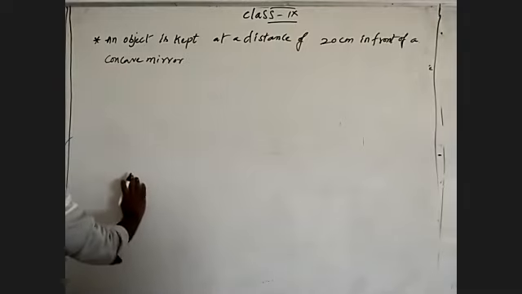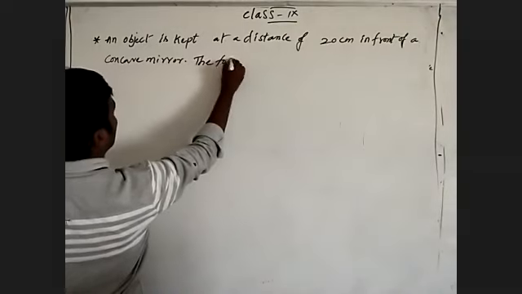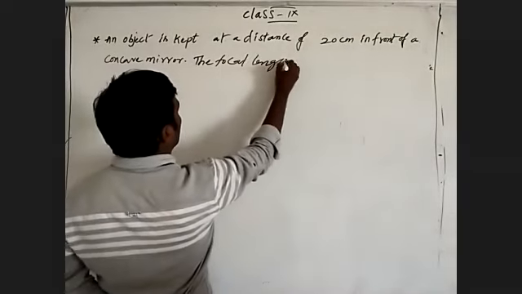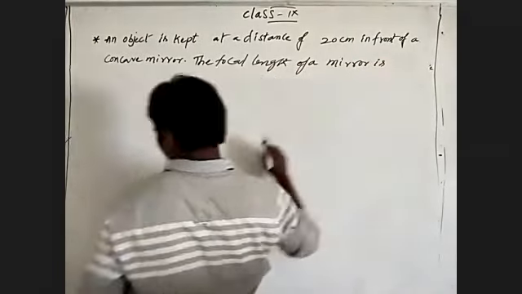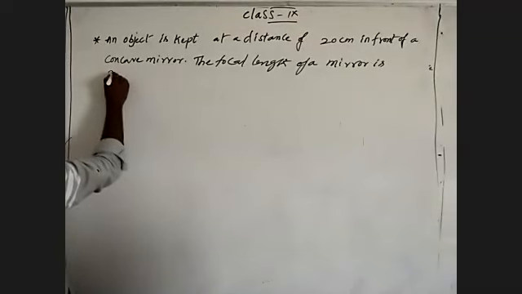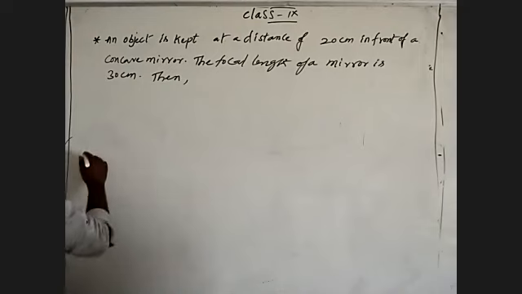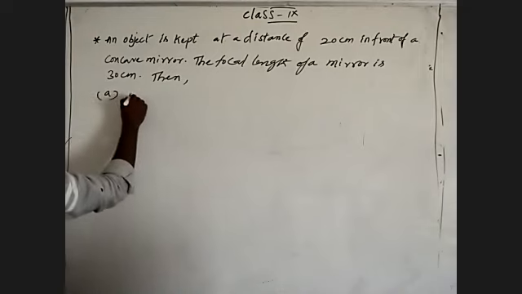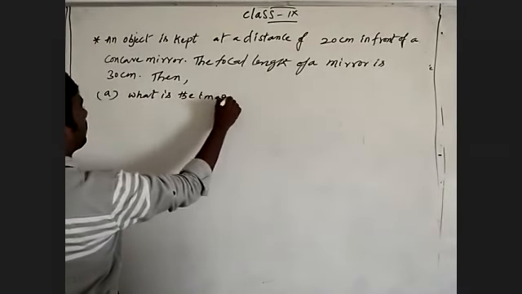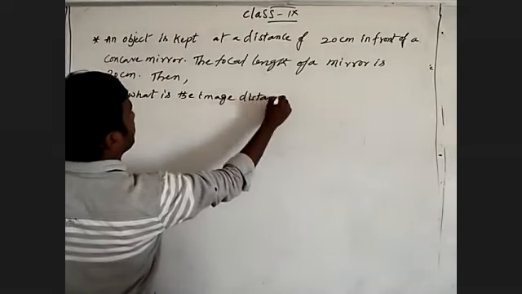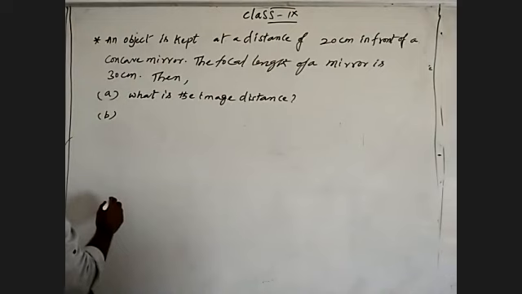The focal length of the mirror is 30 centimeter. Then what is the image distance, and B, what is the magnification in this case?